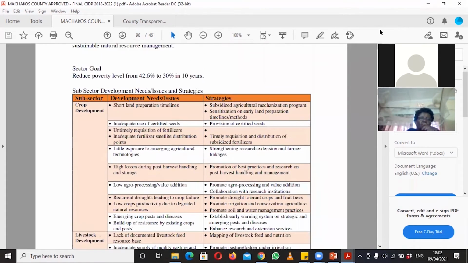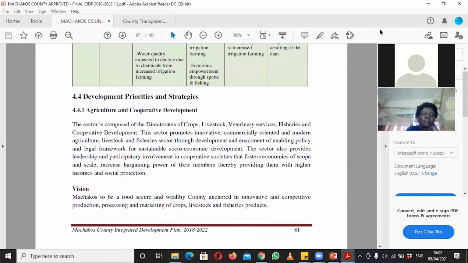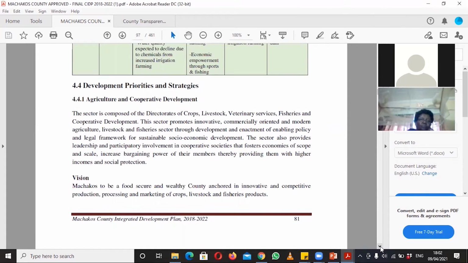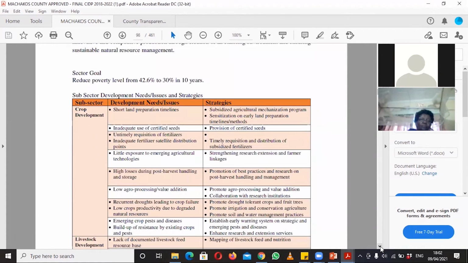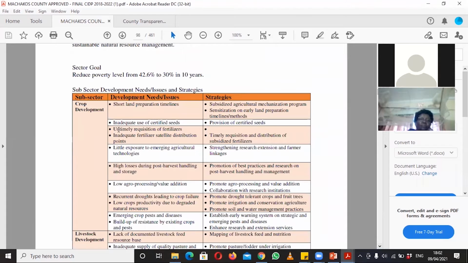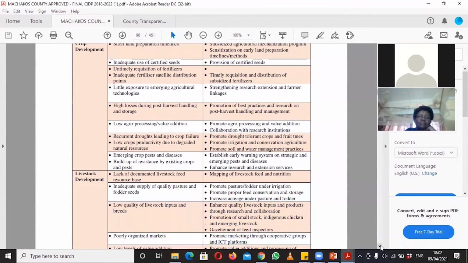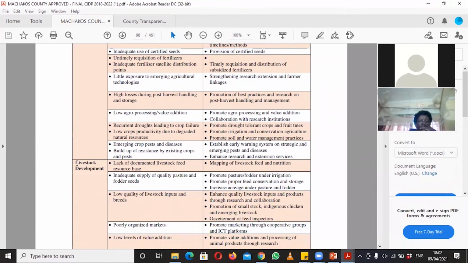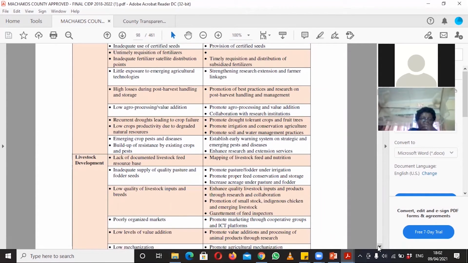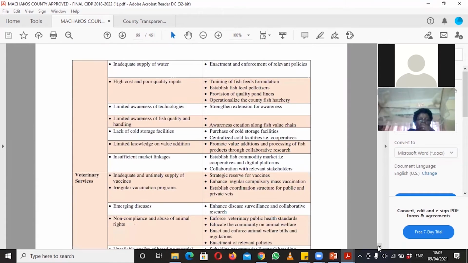they've started talking about development priorities and strategies. So like in the subsector of crop development, they are saying that these are development needs or issues. So they are saying the strategies that they intend to use right now. And they have classified them into sub-programs, okay?